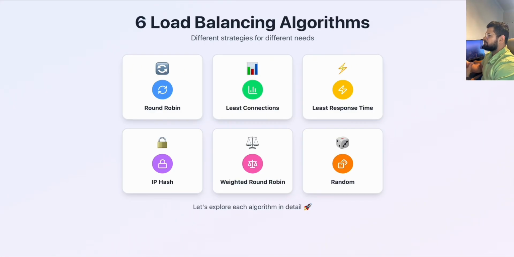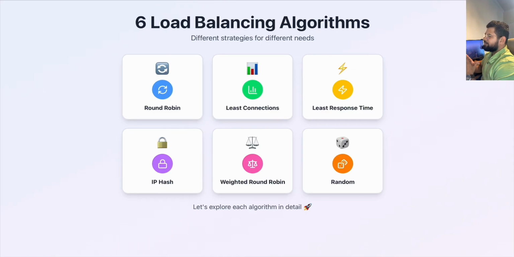First, round robin. Take turns, nice and fair. Second, least connection. Always pick the shortest queue. Third, least response time. Choose the fastest checkpoint. Fourth, IP hash. Same person, same checkpoint every time.